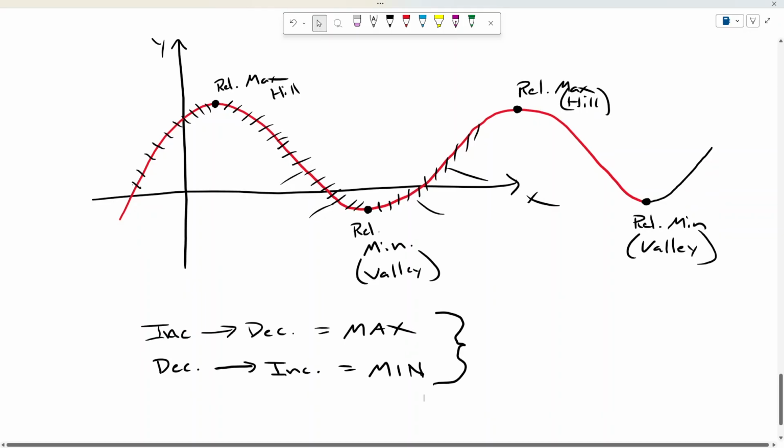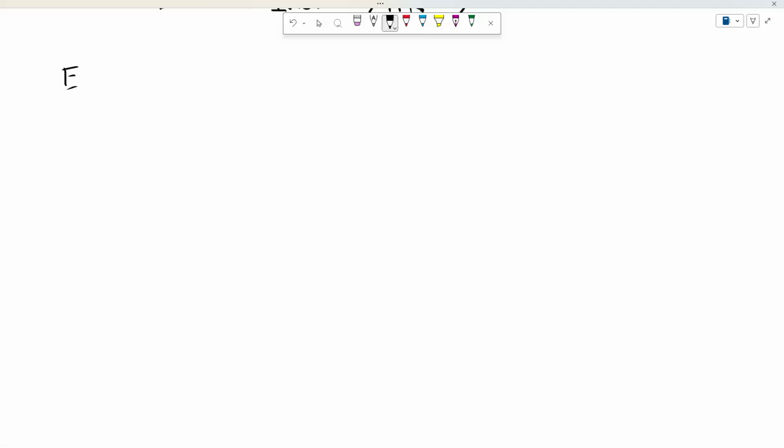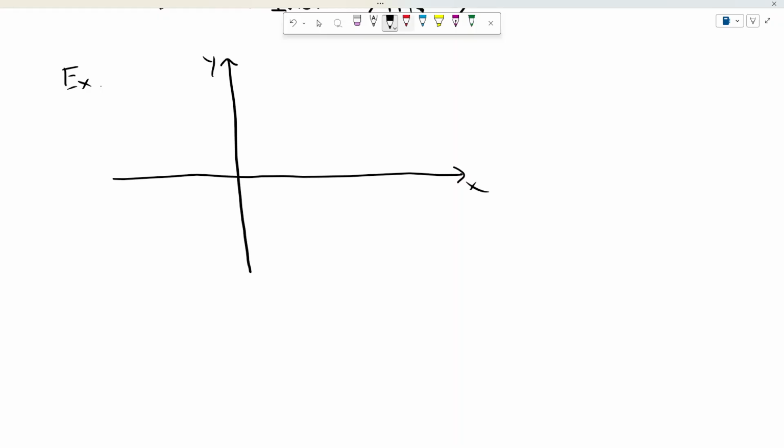Let's try one quick example. All right, so what are we thinking with this one?